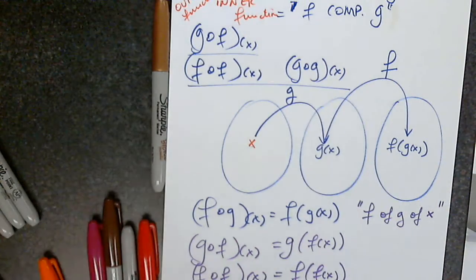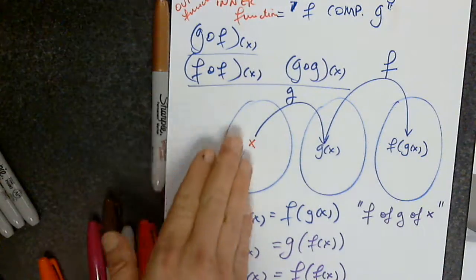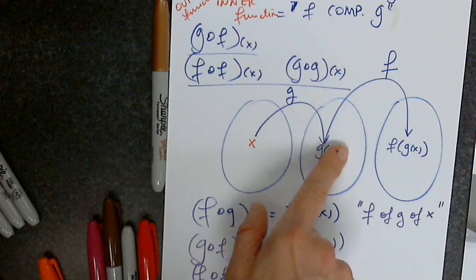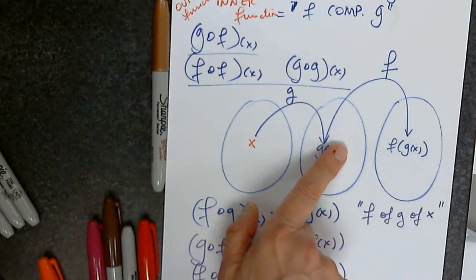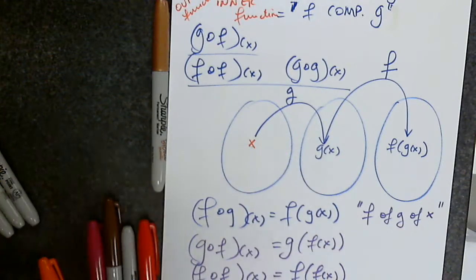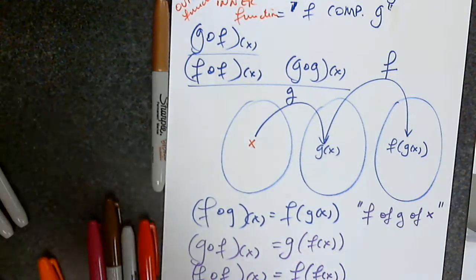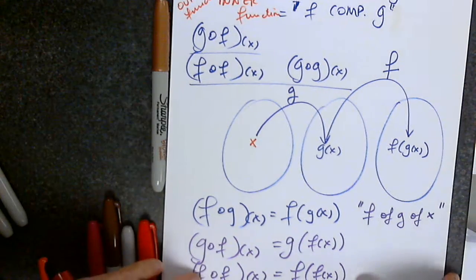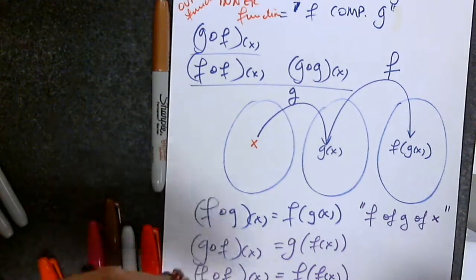So the potential problem is that the range of the inner function doesn't work well with the domain of the outer function. But this is not a concept for this class. I'm not going to ask you to find the domain of the function composition. But this is what could go wrong.